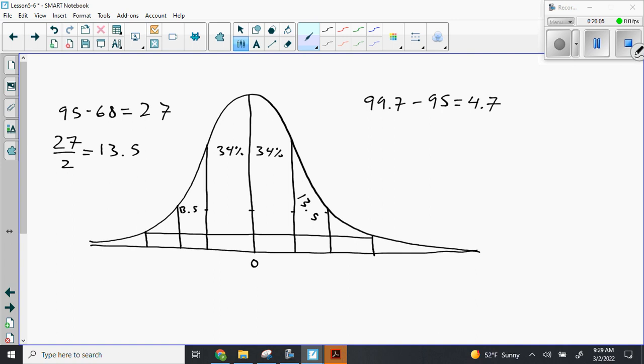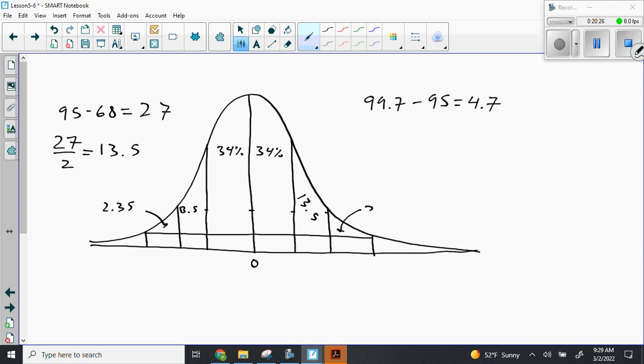That's going to give us what's in that little area. If I divide it by 2, this one is 2.35.